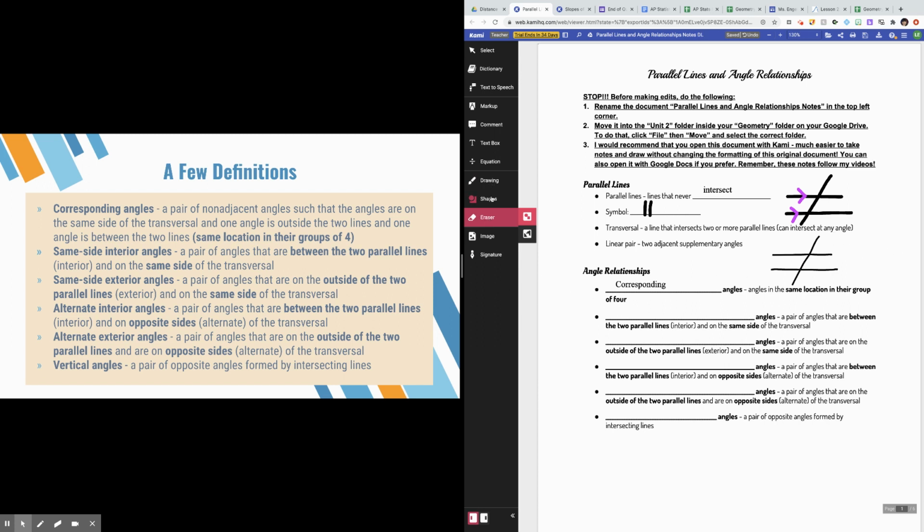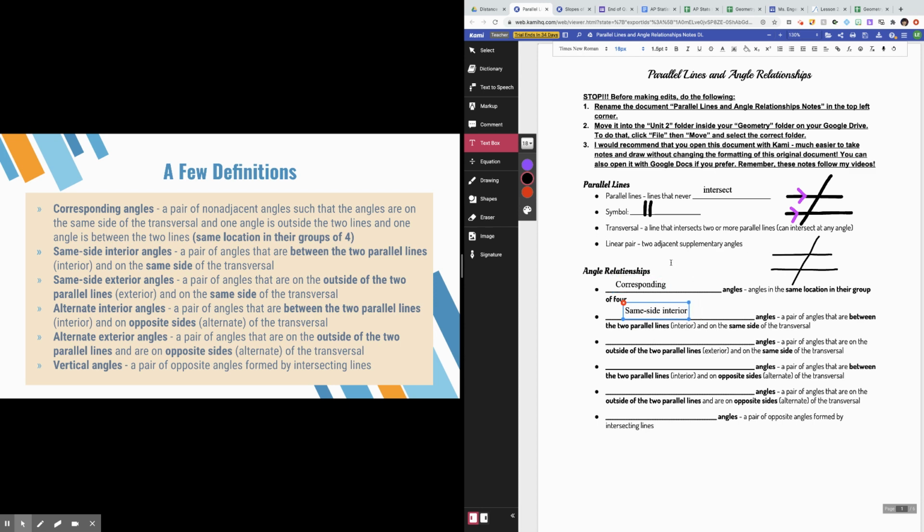Next, most of these other ones are named in such a way that it kind of gives away where they're located. The second set here are same side interior angles.